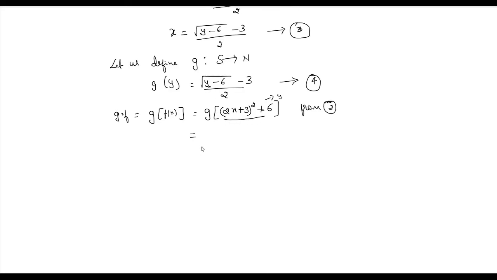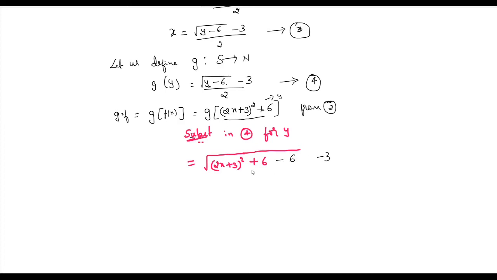So let us write that. This is substituting in equation 4 for y. Wherever we have y, we will be substituting this whole term. So under the root, in place of y, we will be writing 2x plus 3 whole square plus 6. Now we'll continue with the original expression, which is minus 6.